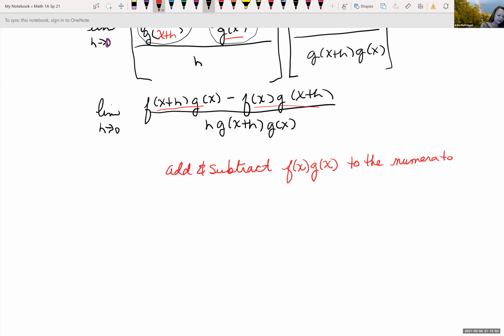So let's rewrite that. Pulling down the limit, I have the limit as h goes to 0 of f of x plus h times g of x.